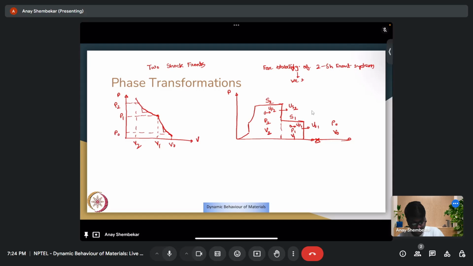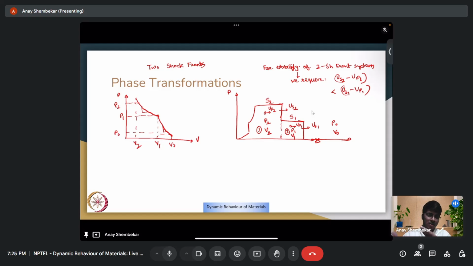We require US2 minus UP1, which is the relative velocity of shock front compared to material region 1, to be less than US1 minus UP1. So basically, a roundabout way of saying that your second shock front should move slower than your first shock front. Only then can you have the two shock front system being stable.